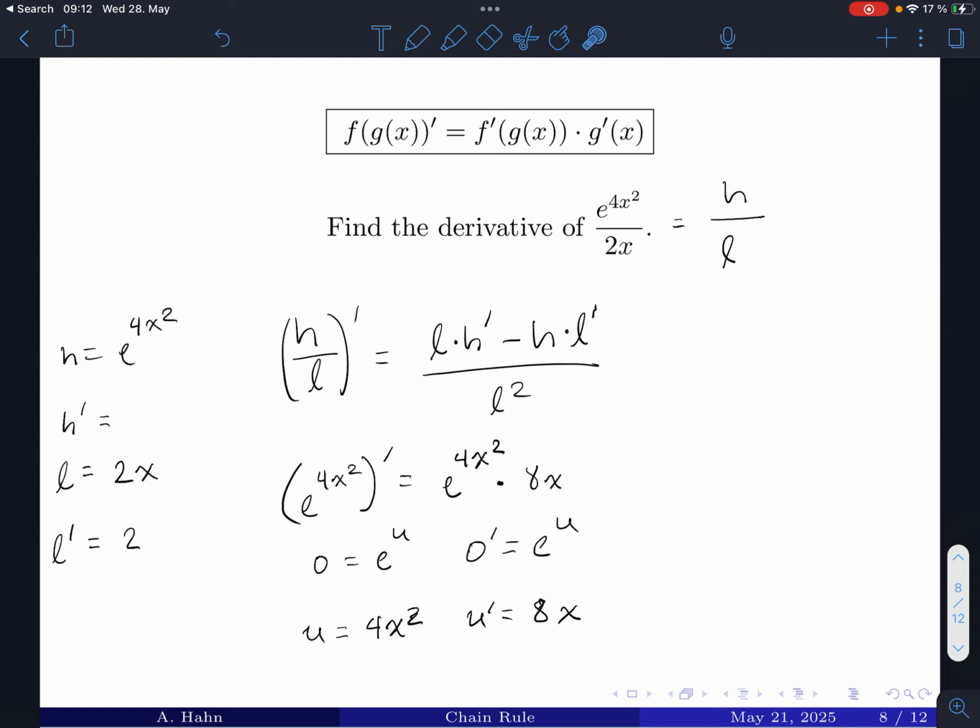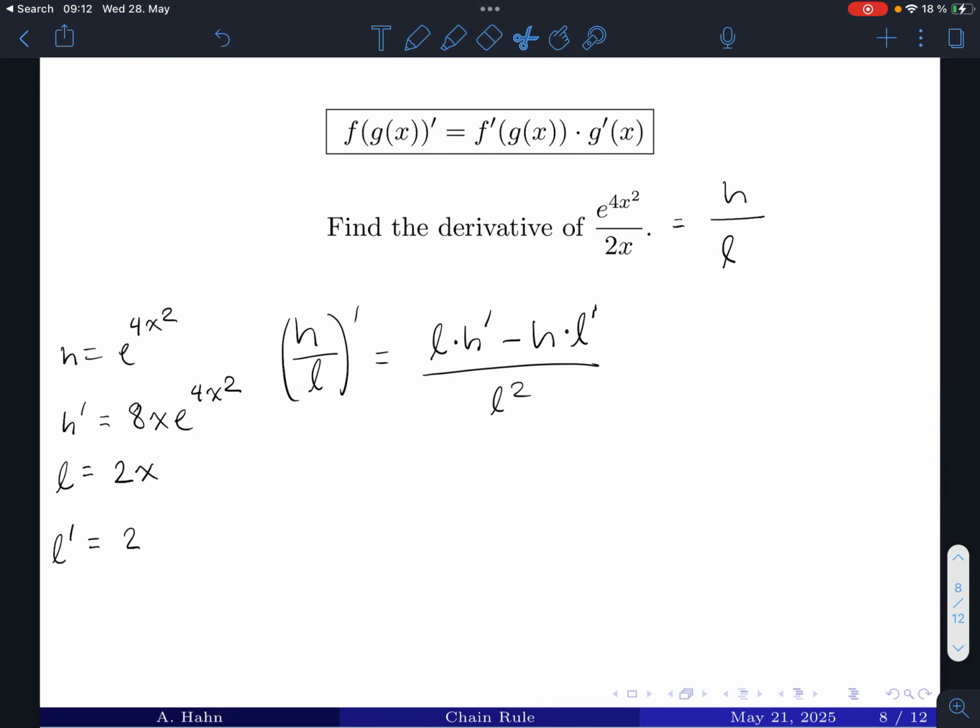And so h prime, the derivative of our top function, we can write down as 8x e to the 4x squared. Great. I just put the 8x on the other side because we're multiplying and it doesn't matter which side it goes on.